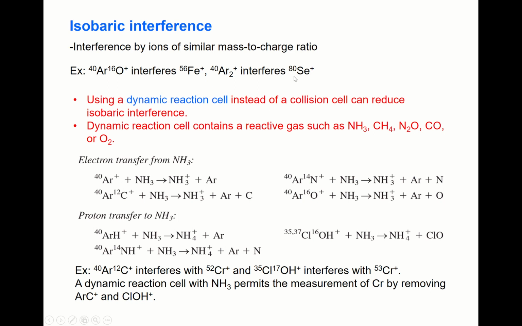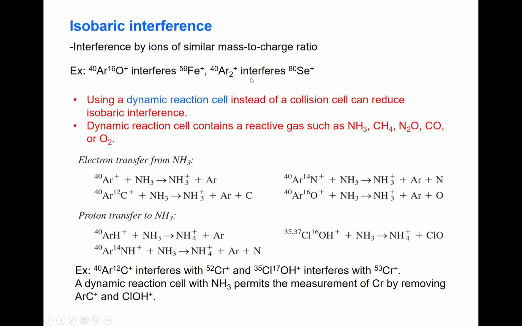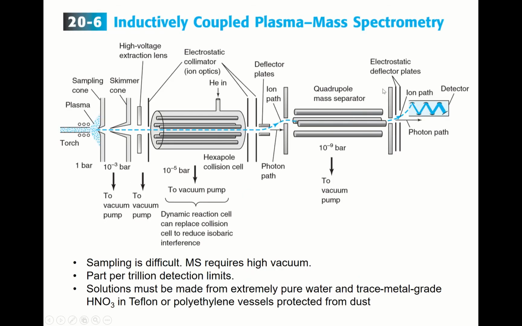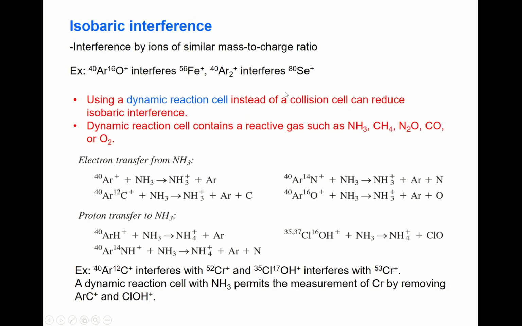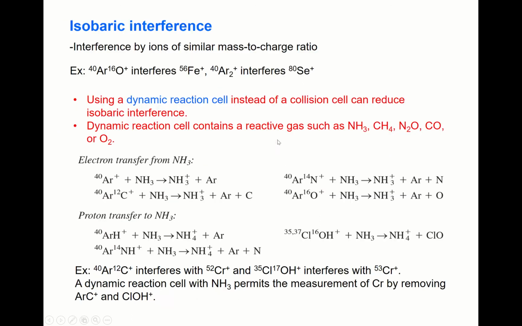So with species that have the same mass to charge ratio, it's difficult to differentiate by this technique. Of course, if you have an extremely high resolution mass spectrometer, then you don't have to worry about that. But with this quadrupole mass spectrometer, it is difficult to differentiate these species.